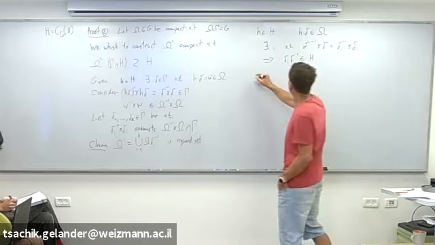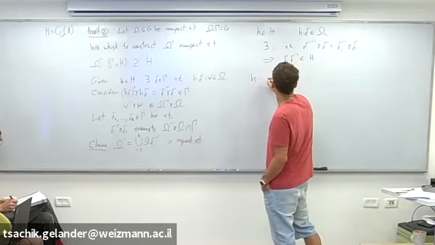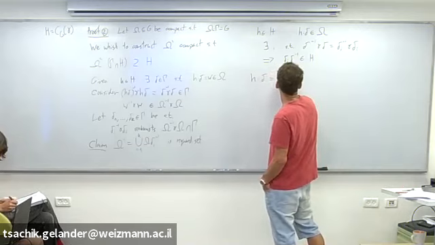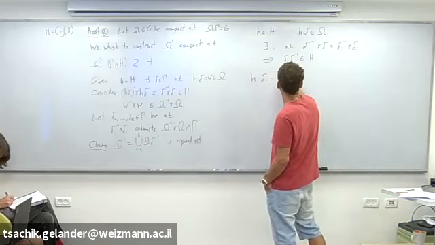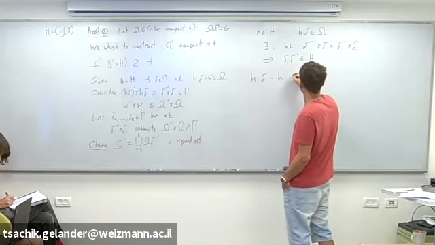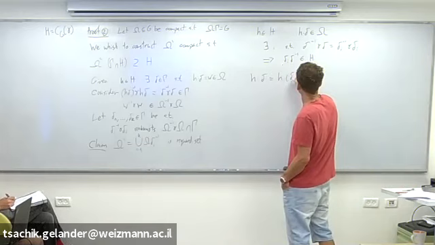So I can write H times delta equals H times this element, delta I delta inverse.